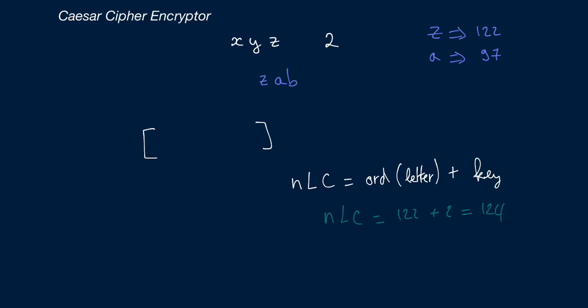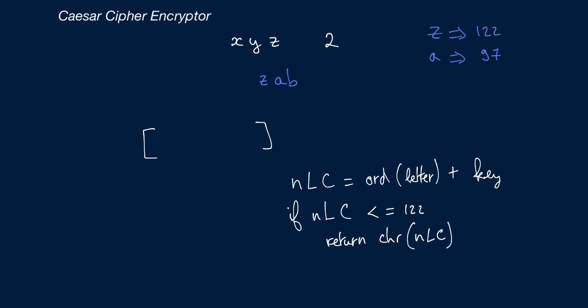Well, we're going to use the modulo operator, which we can shorthand as mod. So you're going to do some kind of if statement, a check, where you say, if NLC, in this case, is less than or equal to 122, well, then you return the chr function on NLC.